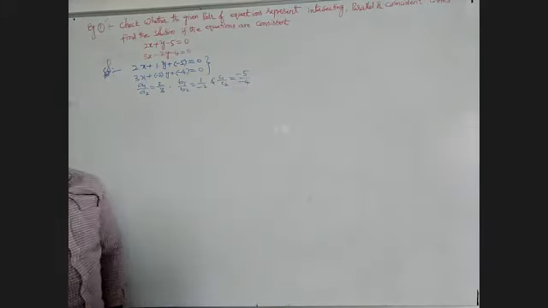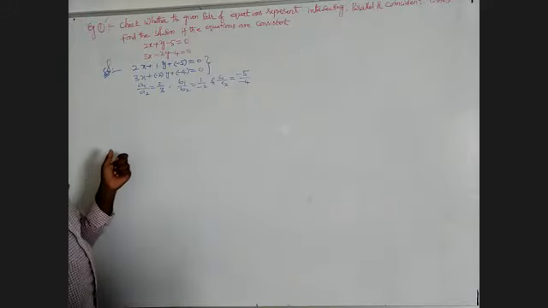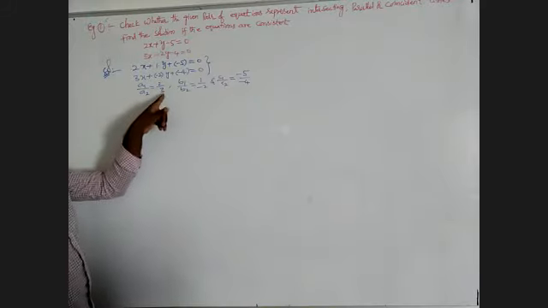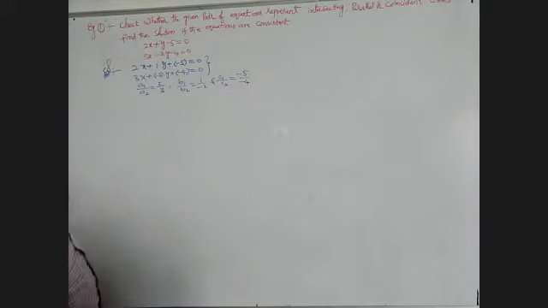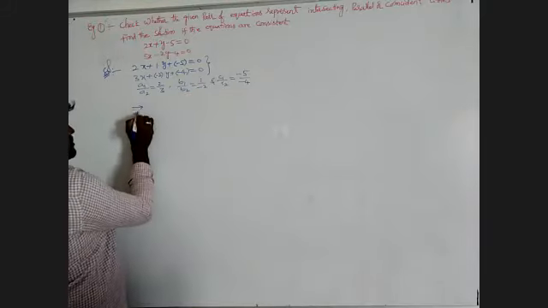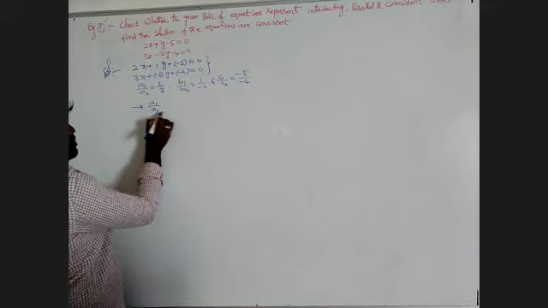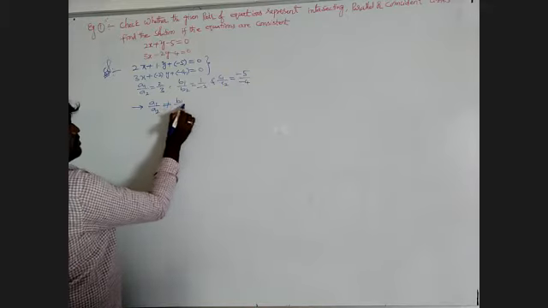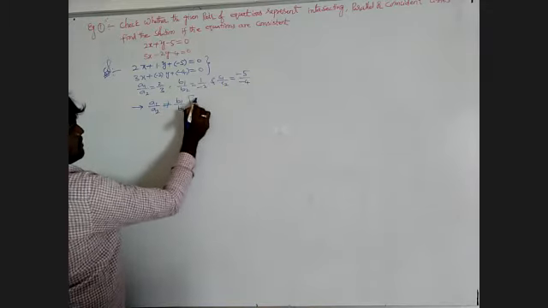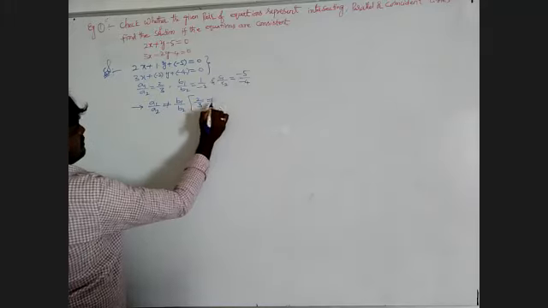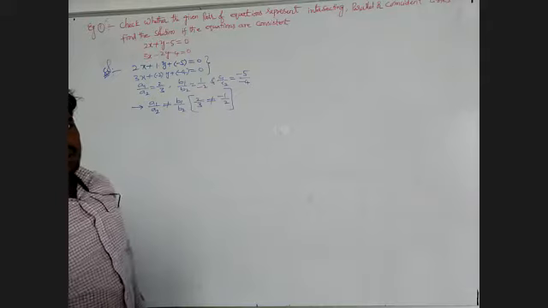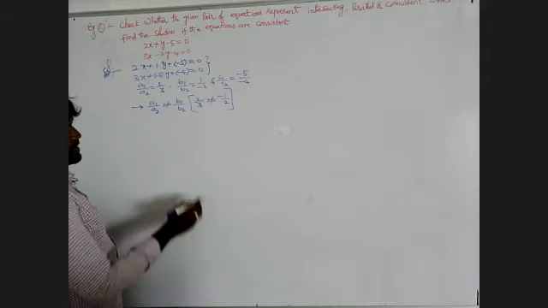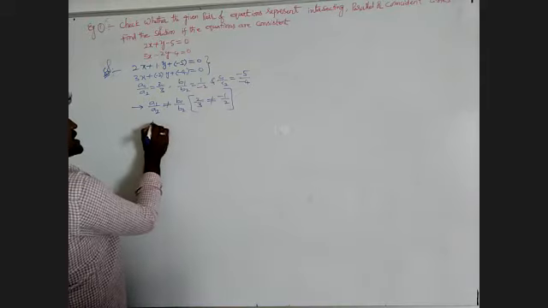First we check the first condition: 2 by 3 does not equal minus 1 by 2, so a1 by a2 does not equal b1 by b2. Because 2 by 3 does not equal minus 1 by 2, it is consistent.